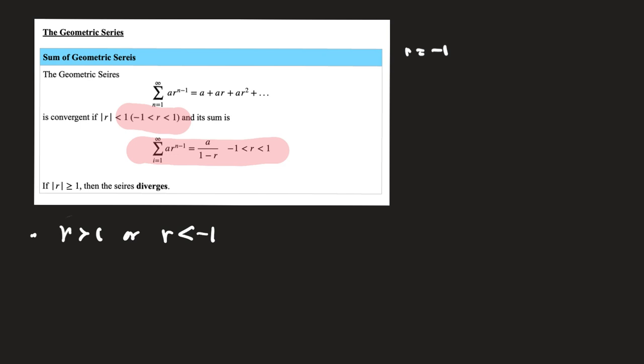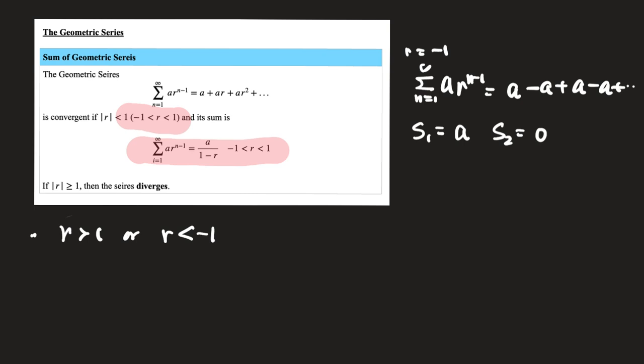Here the geometric series, ar^(n-1), looks like a minus a plus a minus a, and so on. So how can we find this limit? It depends on how many terms you add. Look at this: S1 is a.